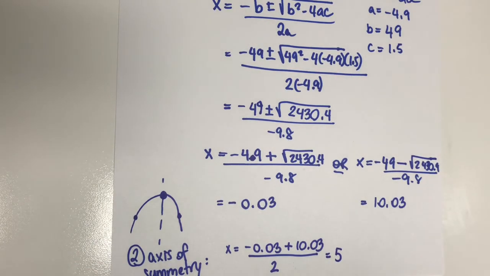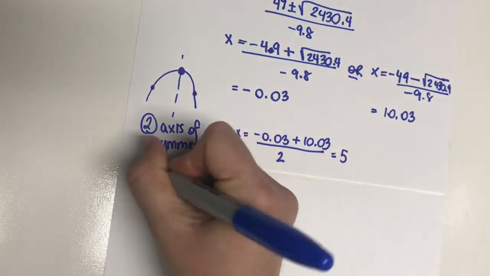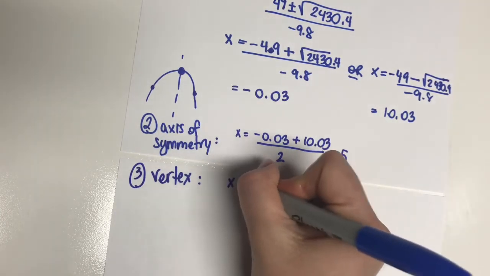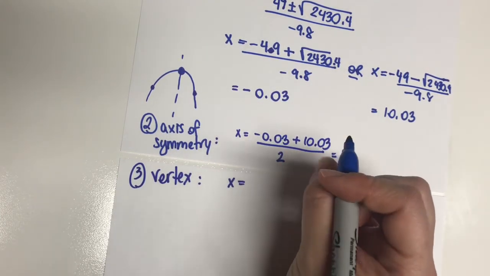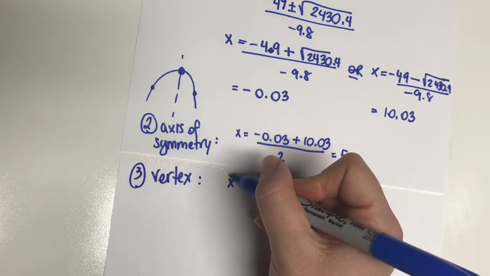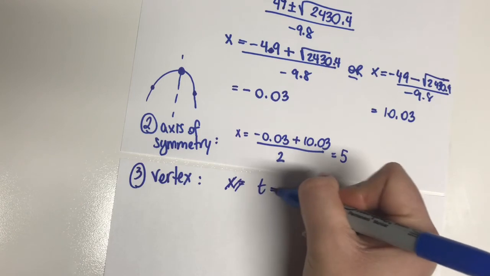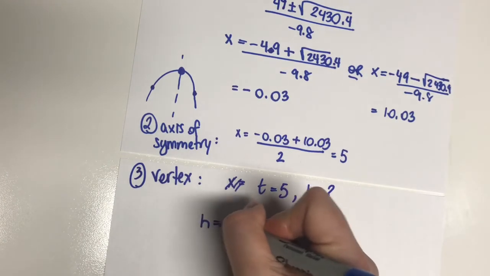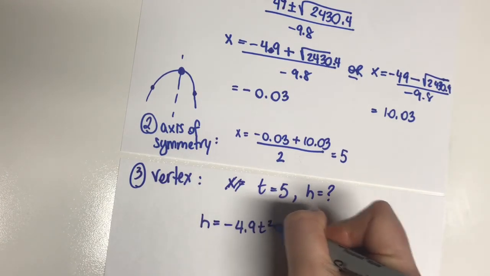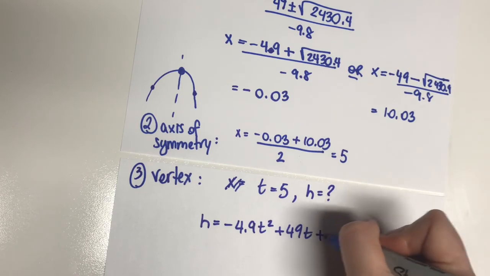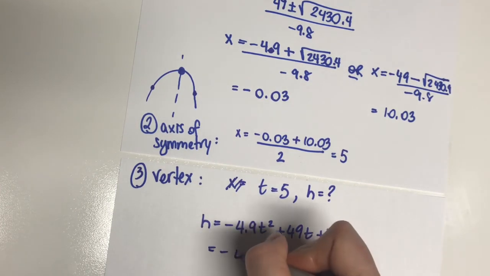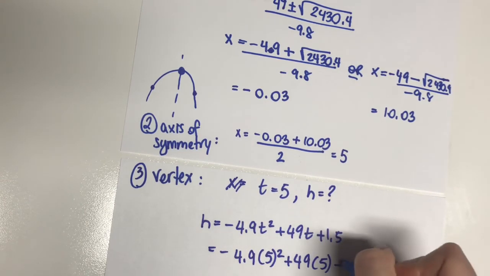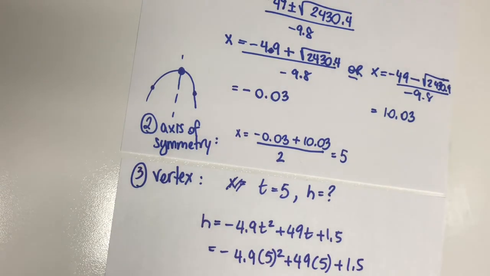And I get 5. I'm going to plug this value into the equation. So my x, or actually in this case it's not x, I'm using the variable t. So I'm going to substitute it into the equation, and I'm going to simplify.